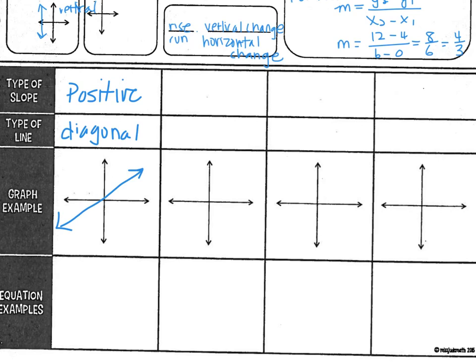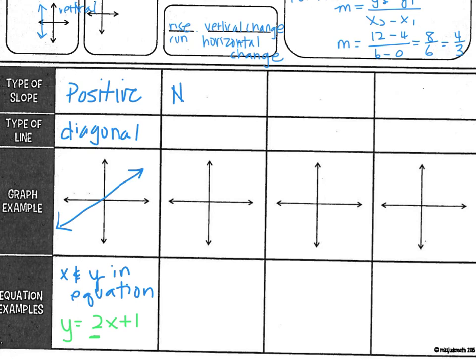A positive slope would have an x and a y in the equation, like y = 2x + 1. 2 is a positive number, so it's a positive slope. It's a diagonal because there's an x and a y in my equation. So I can look at the graph and tell you that.